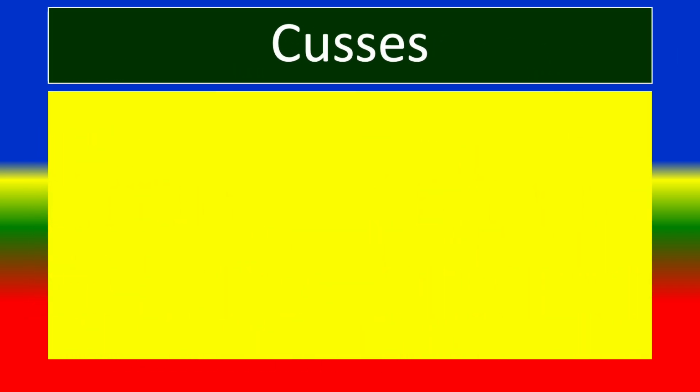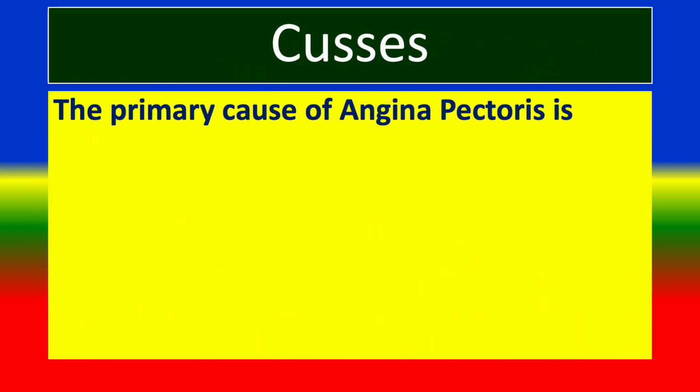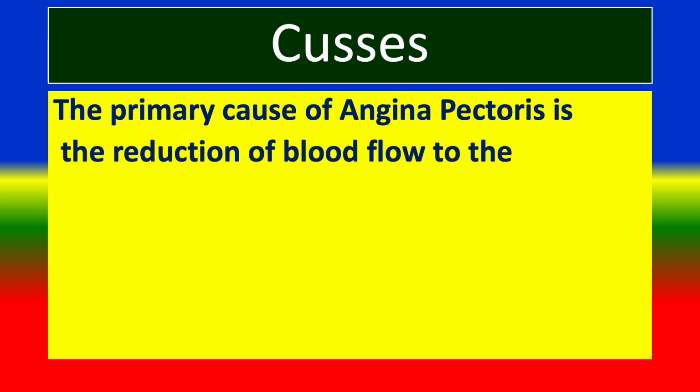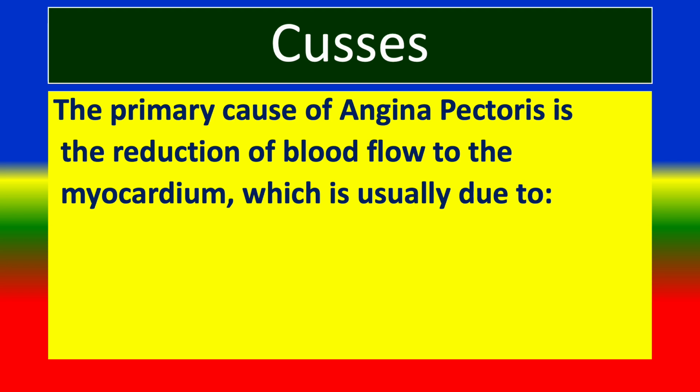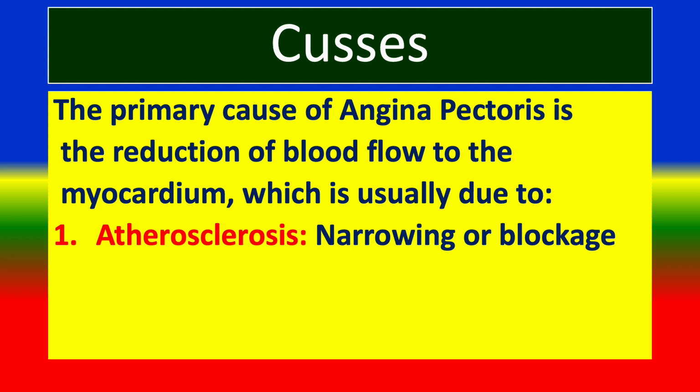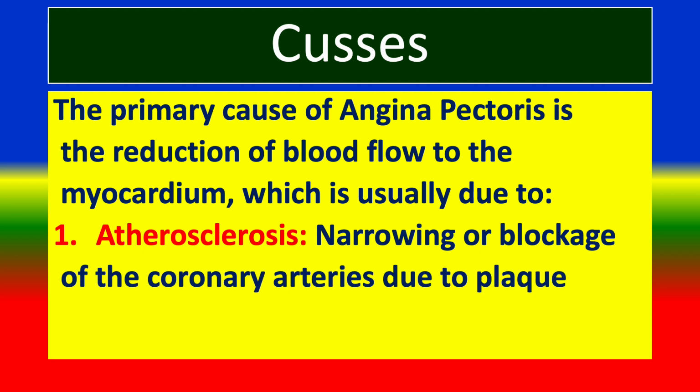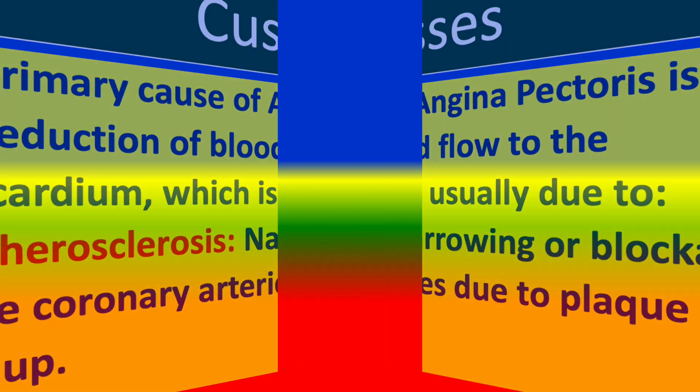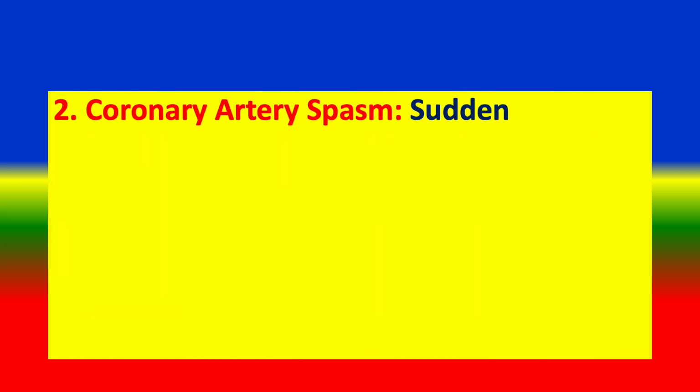Causes. The primary cause of angina pectoris is the reduction of blood flow to the myocardium, which is usually due to: 1. Atherosclerosis, narrowing or blockage of the coronary arteries due to plaque buildup. 2.